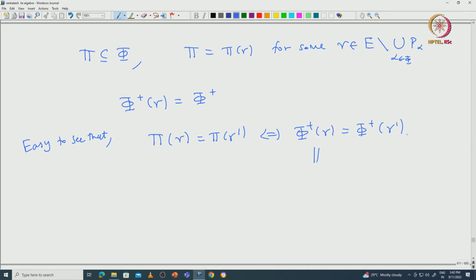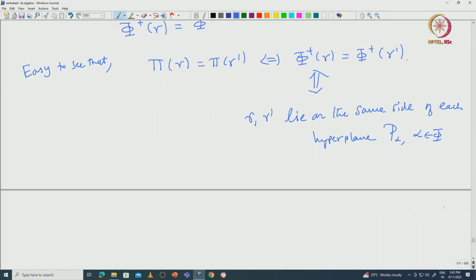This happens if and only if gamma and gamma dash lie on the same side of each hyperplane P alpha, alpha in phi, and this happens if and only if the chamber defined by gamma must be the same as the chamber defined by gamma dash.